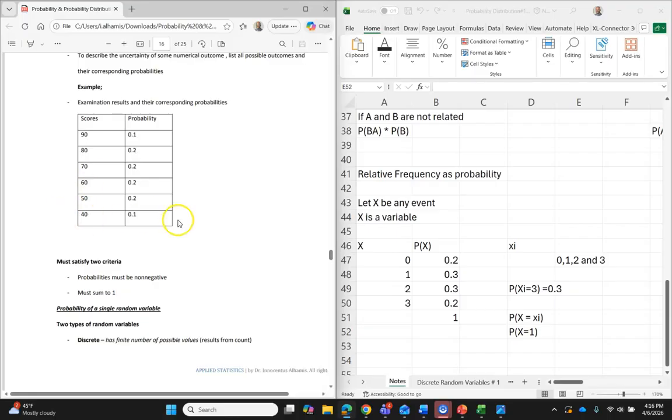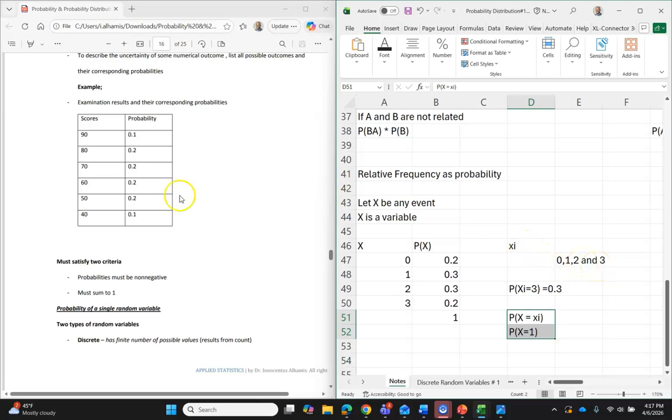So 40 is this one, and so it's 0.1. So I want you to understand this logic. Here it reads probability of x such that x equals a particular value of x, and values of x are 0, 1, 2, 3. So i takes all these values.